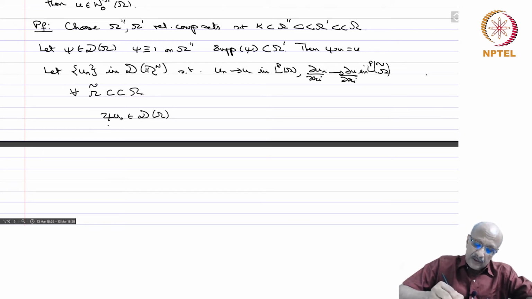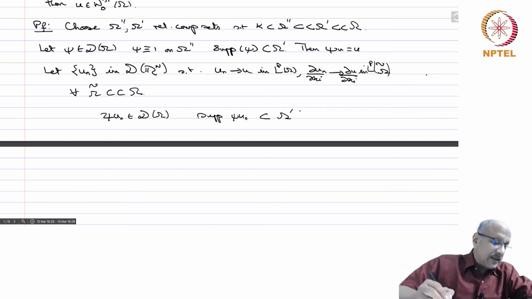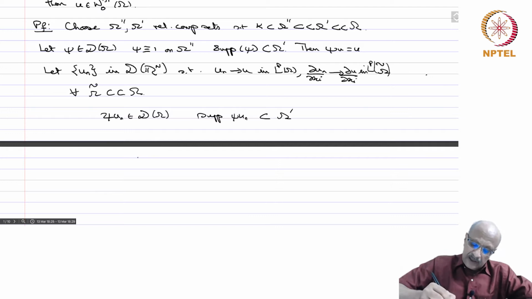So, the support of psi u_n is contained in Omega prime because psi is contained there. Okay, and you obviously have that psi u_n converges to psi u in L^p(Omega prime) and also in L^p(Omega).